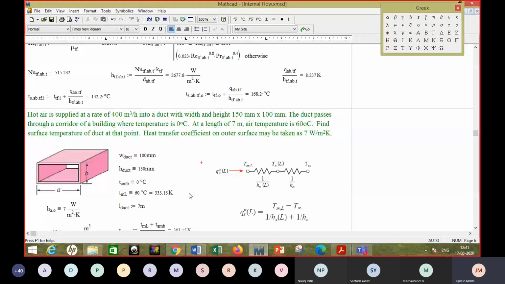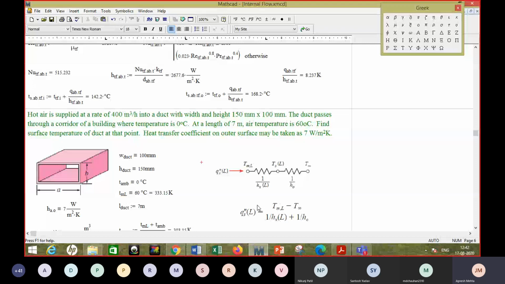One thing is this non-circular geometry and the concept of hydraulic diameter. You learn this hydraulic diameter also in fluid mechanics. The same concept is applicable here also, and so hydraulic diameter and also the concept of the electrical analogy to solve the problems of heat transfer, right? Again, this is also used in conduction and the concept is the same, so that is also going to be used here.